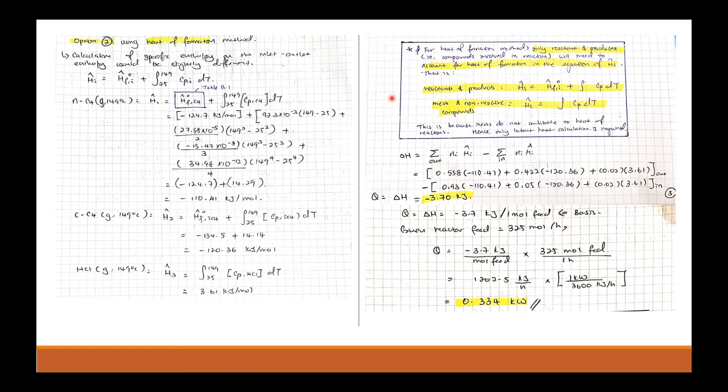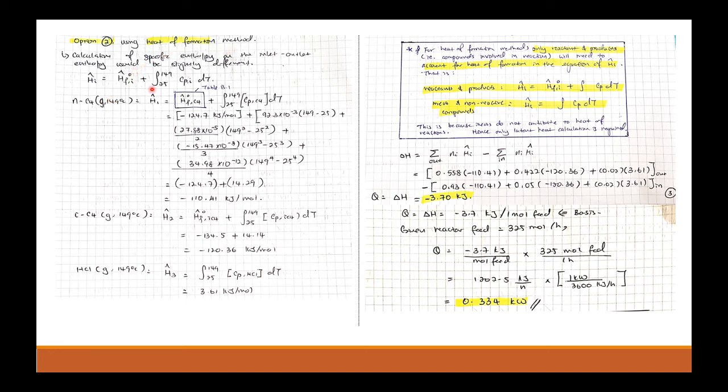In this case, there's only one reaction, which is the isomerization of NC4, so we can opt for the heat of reaction method. You can also use the heat of reaction method if you have multiple reactions, but it will be more confusing. So to be on the safe side, you can use the heat of formation method.